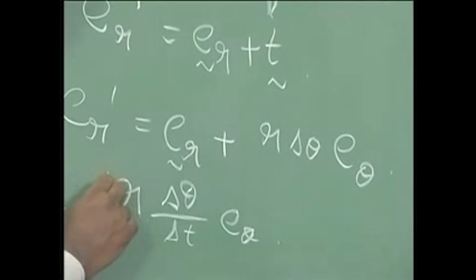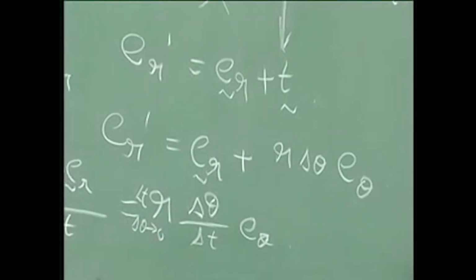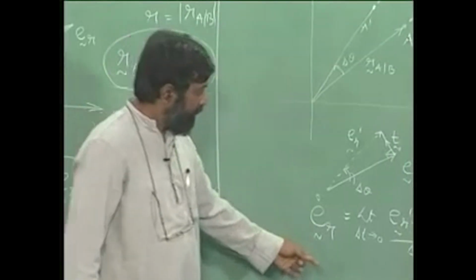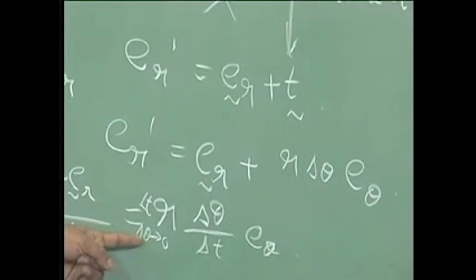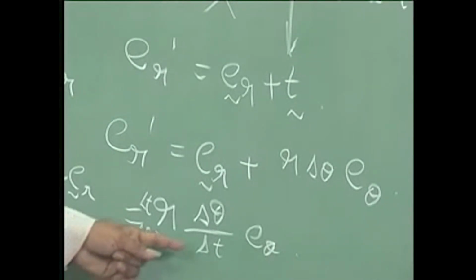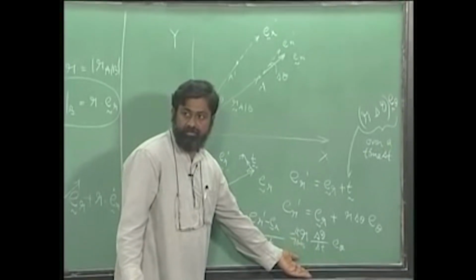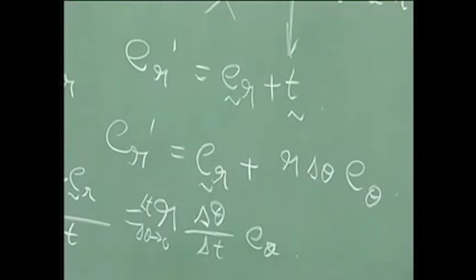Let me put a limit over here. This is okay. What is limit as delta t tending to 0 of delta theta by delta t? It is theta dot. So, I have R times theta dot E theta as ER dot.